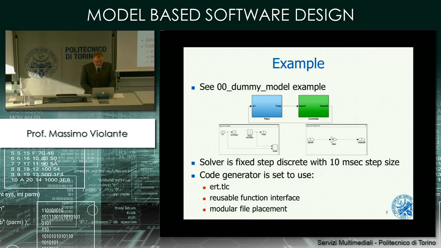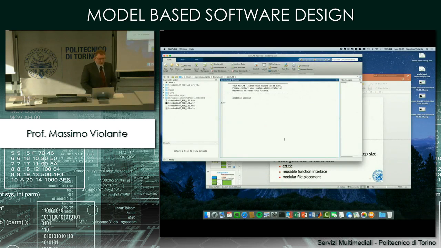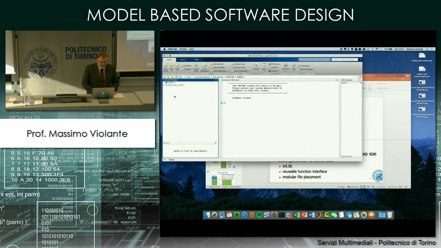So let me switch to Simulink, or let's say to MATLAB. I hope all of you have the very same version of Simulink, so we'll have no surprises here. So what we have to do is to create a folder. Then we can create a subfolder in it.